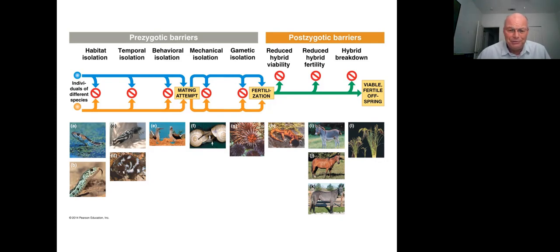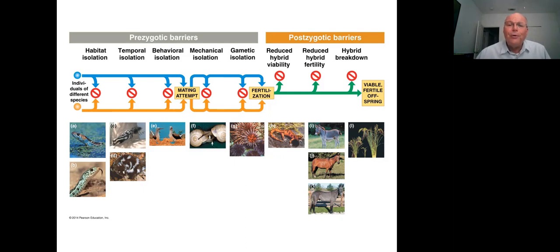They don't survive to sexual maturity. They have physical deformities, they die as embryos, they die as young. They just fail to thrive and fail to reach sexual maturity in order to be able to reproduce. So if the hybrids fail, if they are not viable in their own right, if they cannot reach sexual maturity to mate with either other hybrids or with one of the two parents, then we have reduced hybrid viability and a barrier still exists between the two populations or the two species.